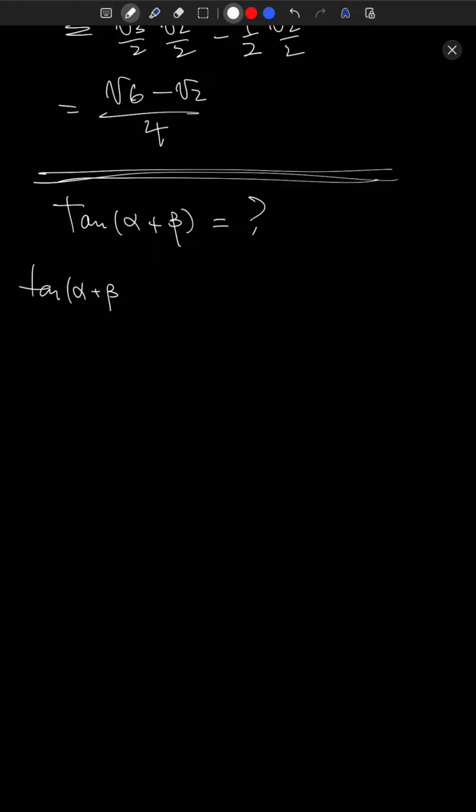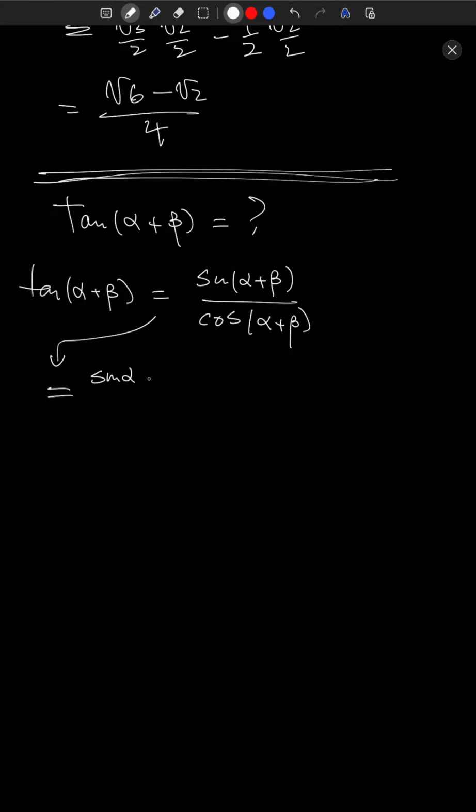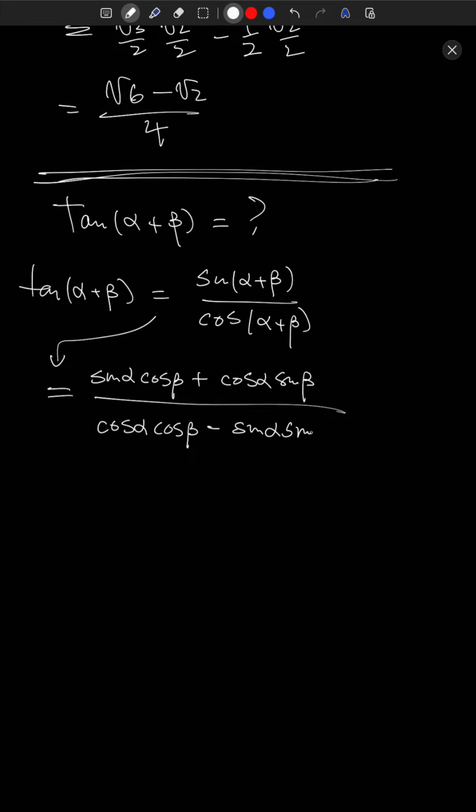Tangent of alpha plus beta, I'm just going to write as sine of alpha plus beta over cosine of alpha plus beta. Literally, that's the definition of tangent. And then I'm just going to directly quote my identities for sine and cosine. So my identity for sine that we just got, right? Sine of alpha, cosine of beta, plus cosine of alpha, sine of beta, over, and then I'm going to use the identity for cosine, cosine alpha, cosine beta, minus sine alpha, sine beta.